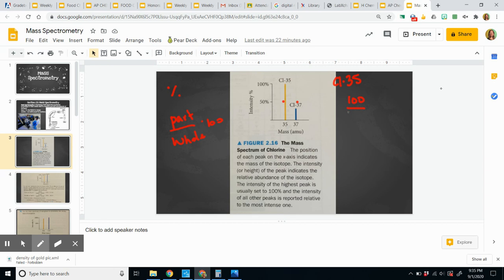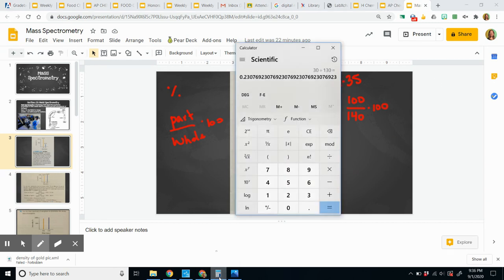Let's say it's 40 over 140. When you add the 100% plus the 40% up times 100, we would get 100 divided by 140, which is 71.4%.